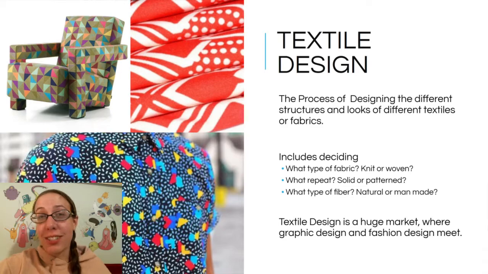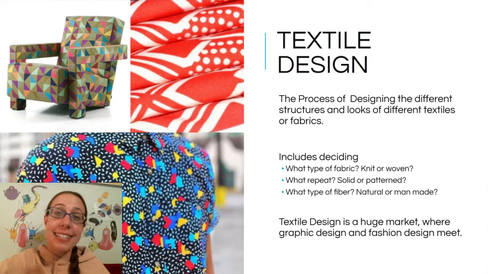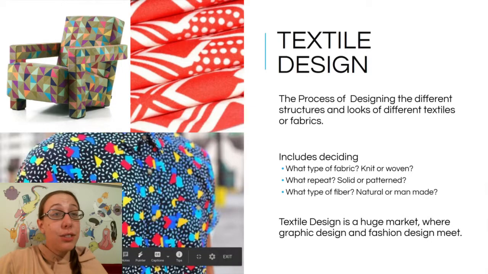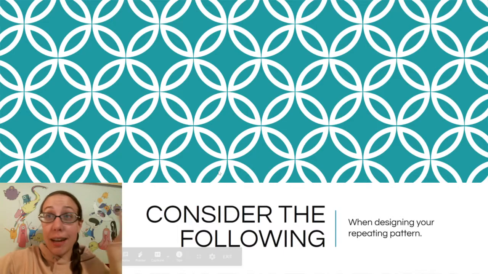Someone made all those decisions along the way, and that is textile design. It's a huge market where graphic design and fashion design meet, and interior design, really, and any kind of thing that uses repeating patterns, or uses fabrics in terms of textile design.